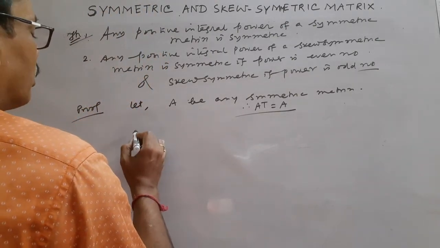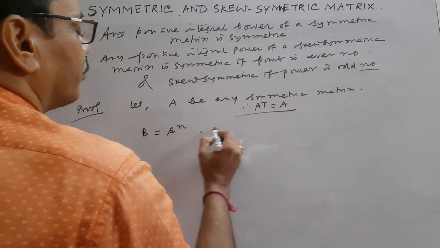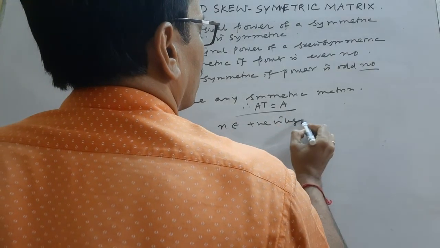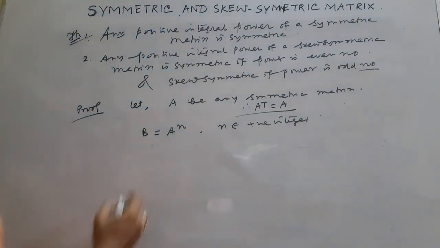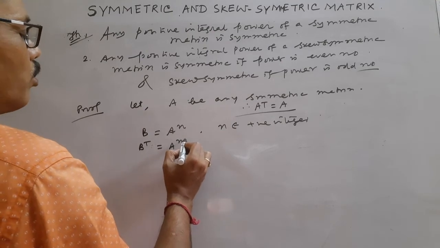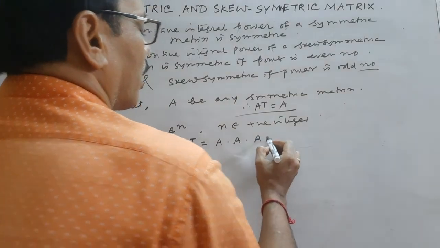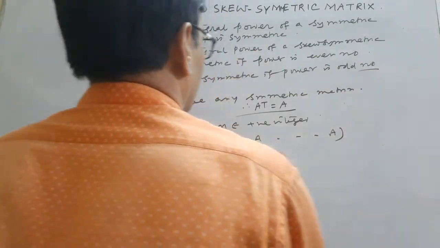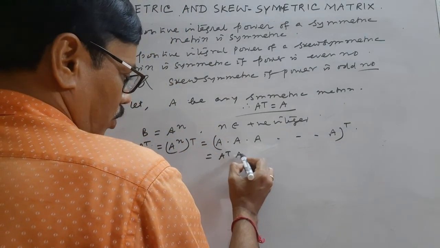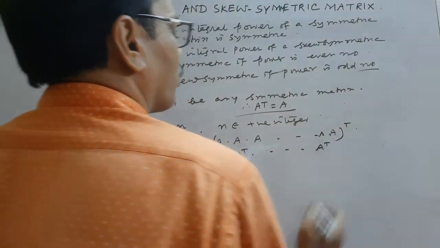So suppose B equals A to the power n, n belongs to positive integers. So what is B transpose? B transpose equals (A to the power n) transpose. So A dot n times, total transpose. So it is in reverse order: A transpose, then A transpose, then A transpose.